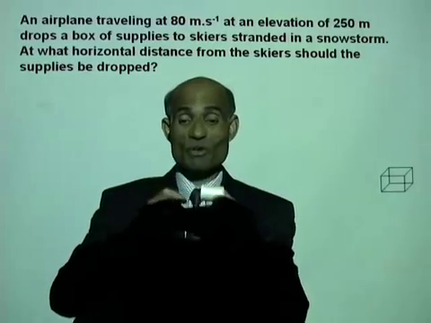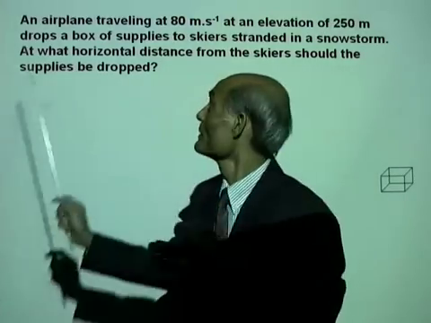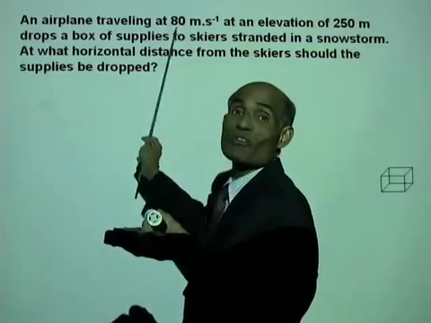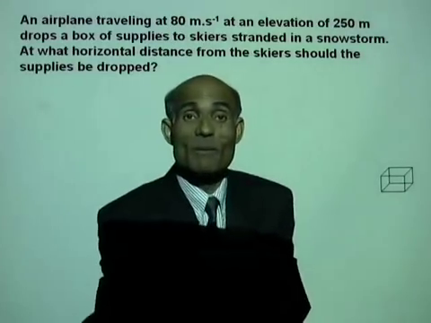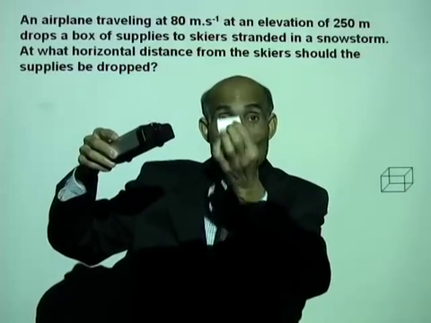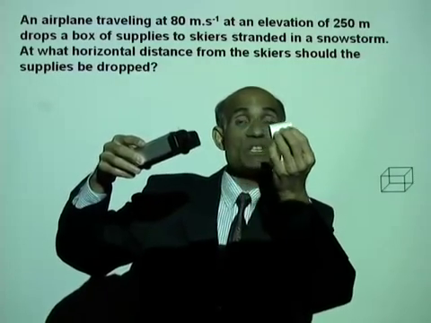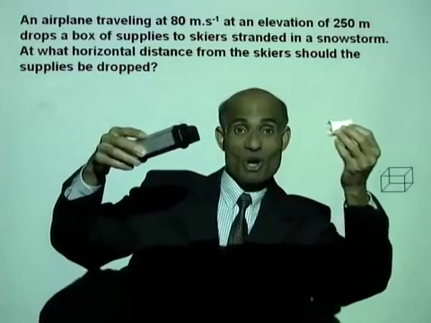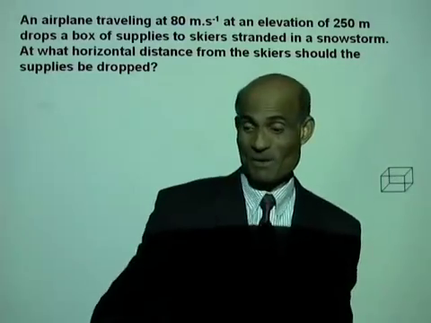What is the horizontal velocity of the box? It is the velocity of the plane. So the box is dropped with a horizontal velocity of 80 meters per second. It is a horizontal projectile. All right.